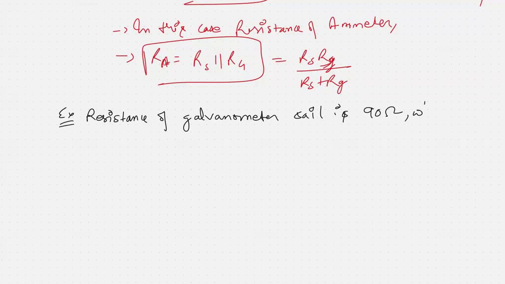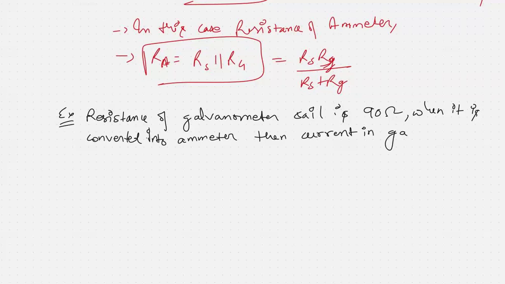When it is converted into an ammeter, the current through the galvanometer is 10% of the main current.